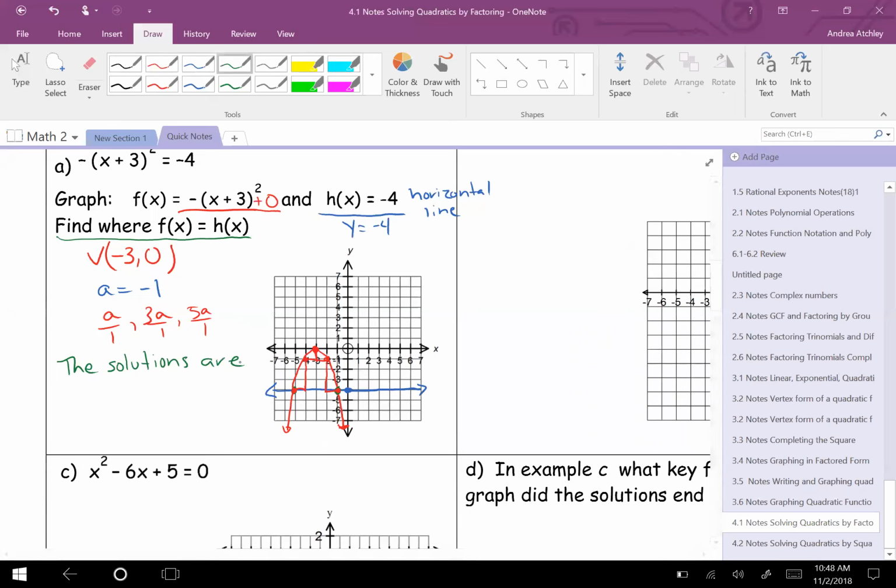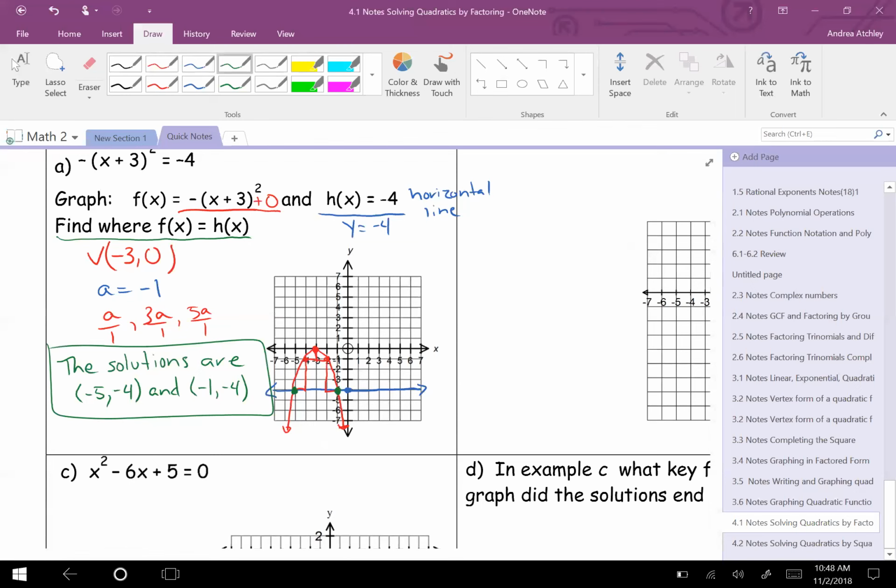How many times do they intersect each other? Twice, right? Okay, what's the ordered pair here? Negative 5 and negative 4. Good. And then this one? Negative 1 and negative 4. So those are the solutions to that system of equations. Any questions? We're all good?